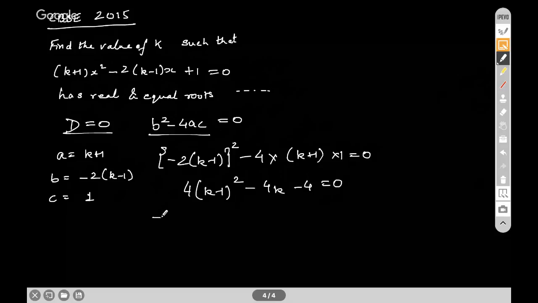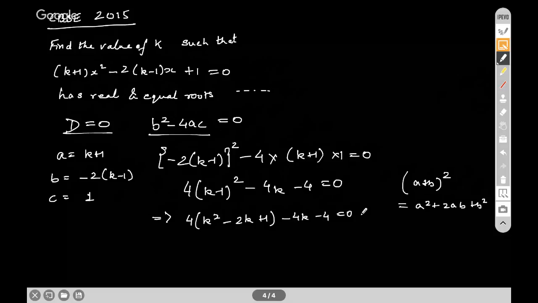I have expanded it. And now let us expand this. What is it? 4 times (k square minus 2k plus 1), since (a plus b) whole square is a square plus twice ab plus b squared. So you do this, minus 4k minus 4 equals 0. If you simplify this, this is 4k square minus 8k plus 4, right?